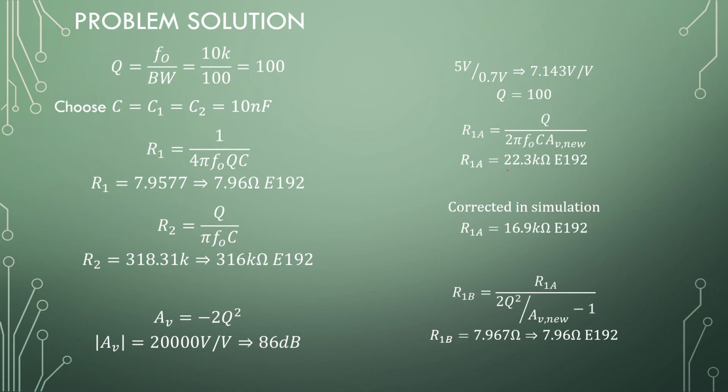That gives us a 22.3 kilo ohm RA and RB at 7.96, which was the original value in any case. If the voltage is not correct on the output side, you can just tune R1A down a bit and your output will increase in voltage. And now we can jump over to that simulation.